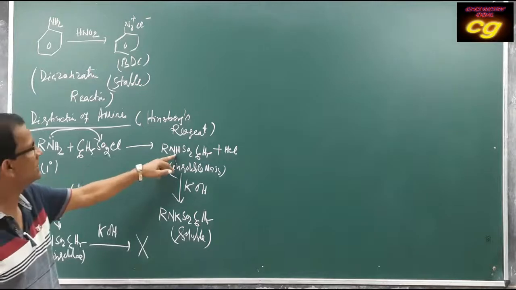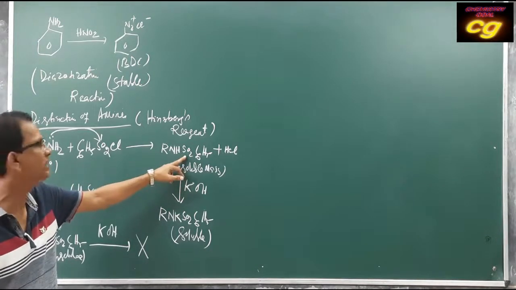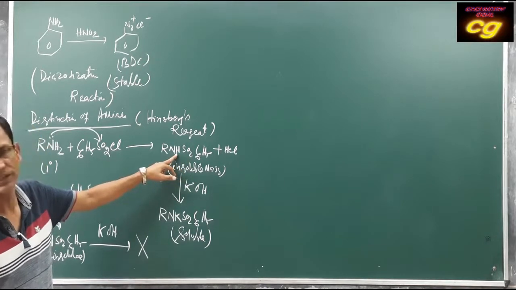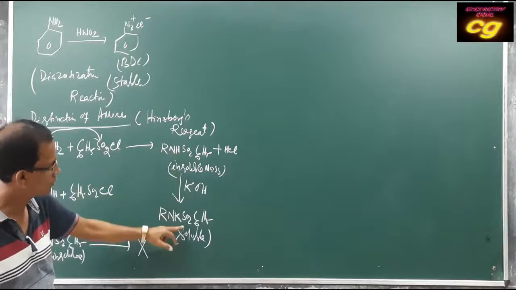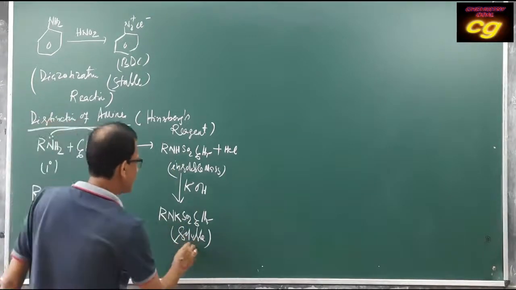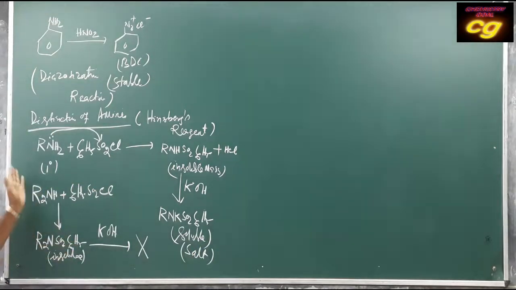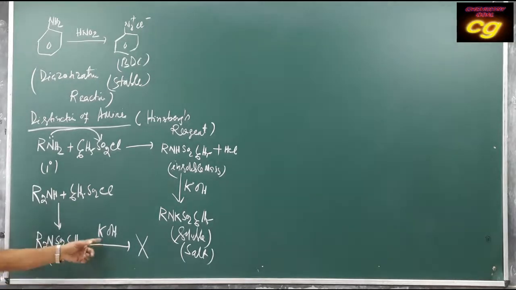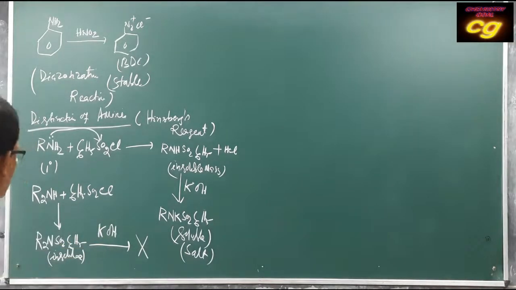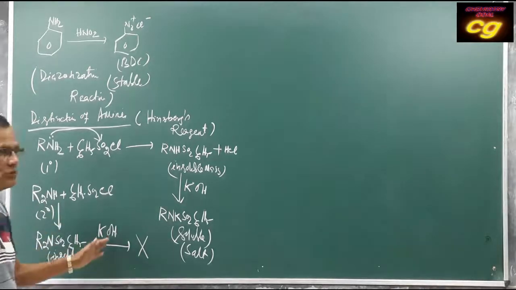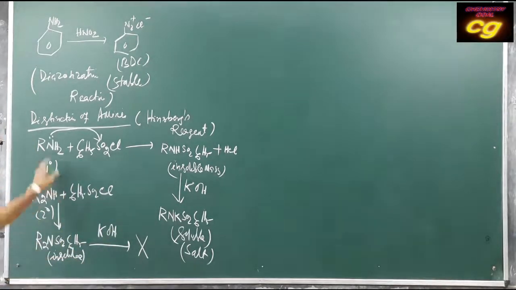In the primary case, the hydrogen is acidic because of the sulfonyl group, which is an electron withdrawing group, so it forms a soluble salt. But here, the insoluble mass produced after the first step will not dissolve in KOH because it has no acidic hydrogen. That's why a secondary amine gives only an insoluble mass with no reaction with KOH. In this way, you can distinguish primary and secondary.